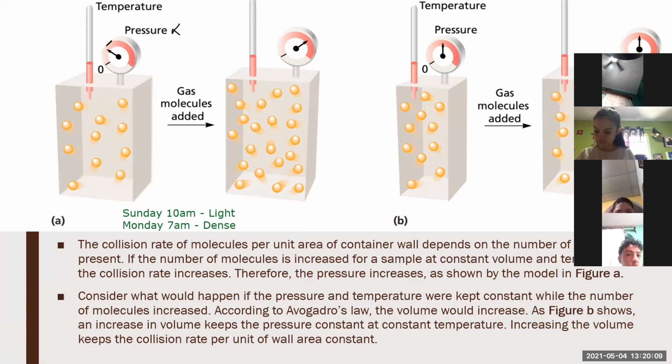Take a look, the pressure is closer to 0 in the first situation. The reason: you have less gas, less collisions. But in the second part, you have more gas and the increased collisions will cause the pressure to increase. This is the first situation that you need to know about gases.